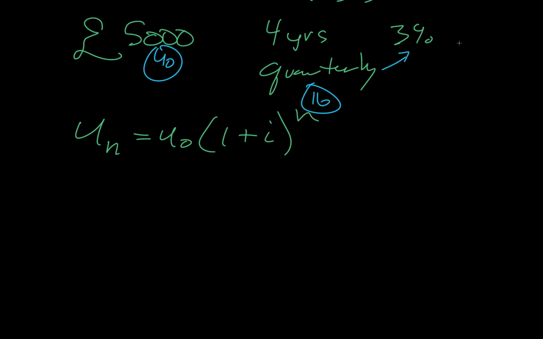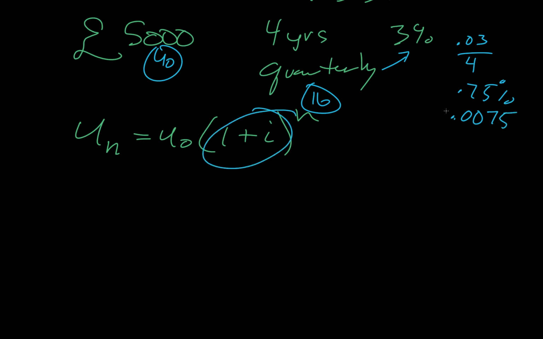And so it's going to be 0.03 divided by 4, which is 0.75%, which is going to translate into 0.0075 when we plug it in. So this entire thing is going to be 1.0075.